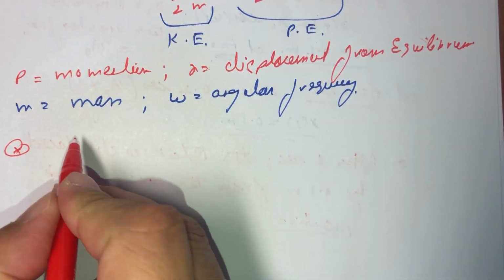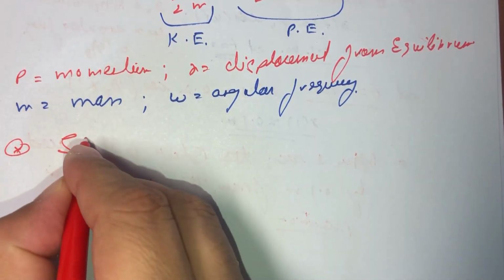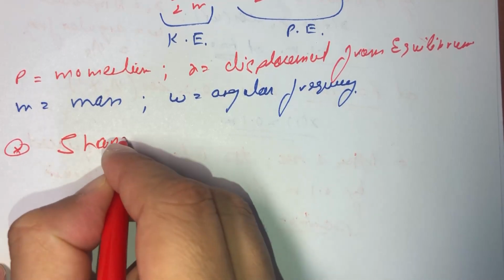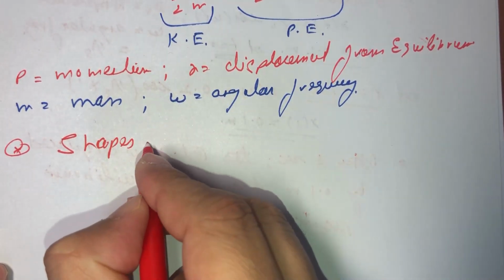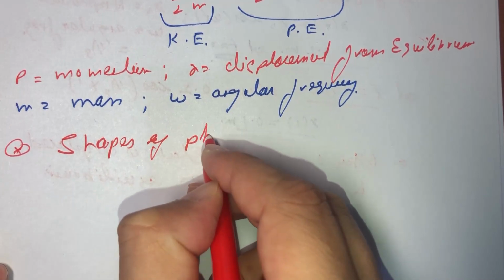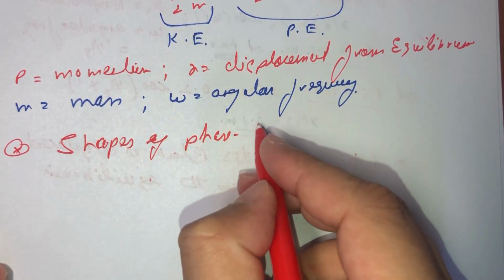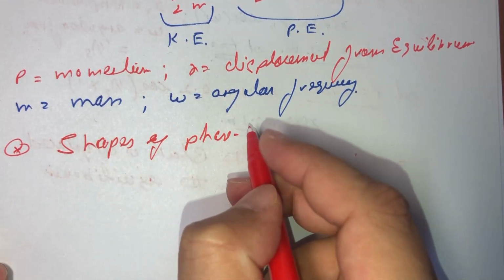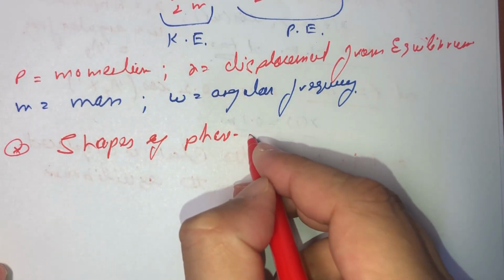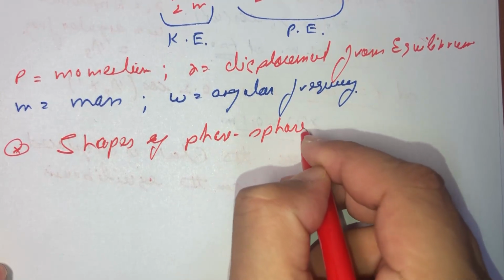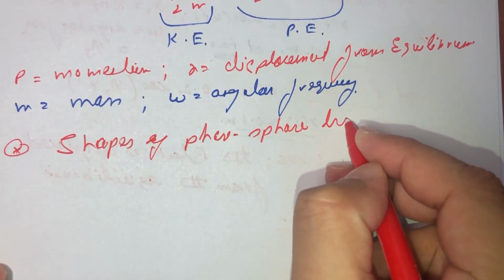So let us call it the shape of phase trajectory.